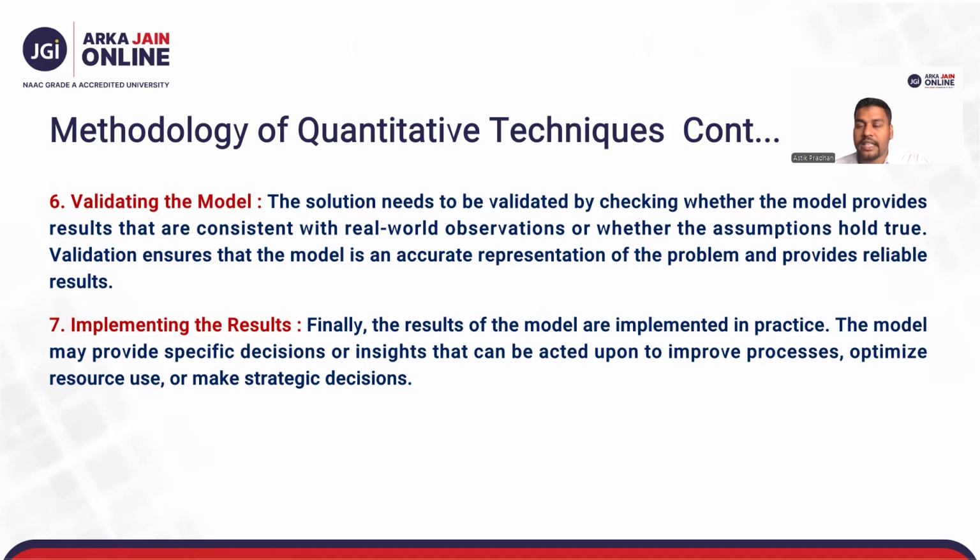Whatever result is produced by the mathematical or statistical model can really help improve the overall processes, and also optimize resources, if they are limited. So to optimize resource utilization and to make strategic decisions, results are vital and must be correct and accurate.